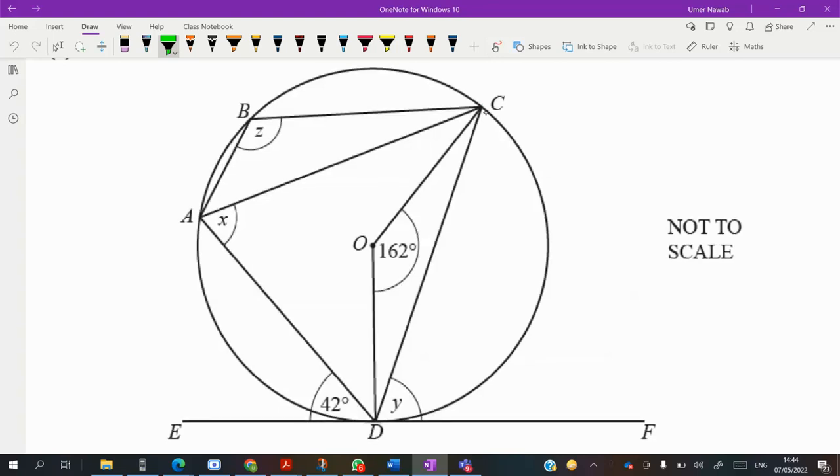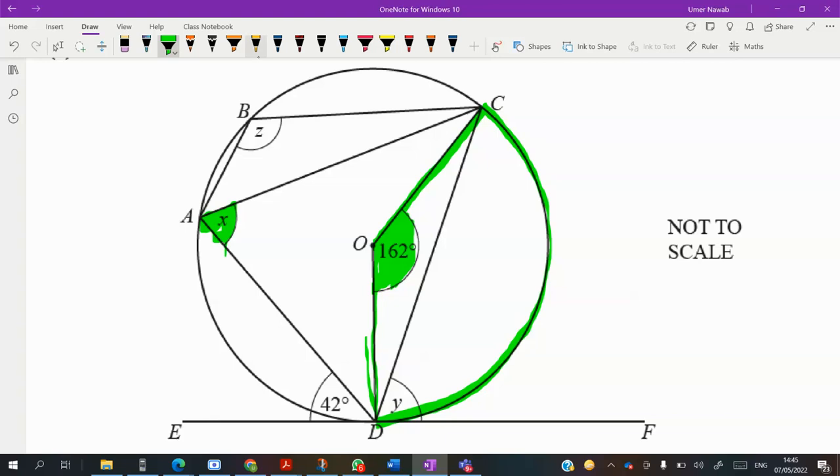So let me use this arc. Look at that. I'm going to use this arc, and this arc is producing angle at the center, and at the center it is making 162, and at the circumference it is making x.